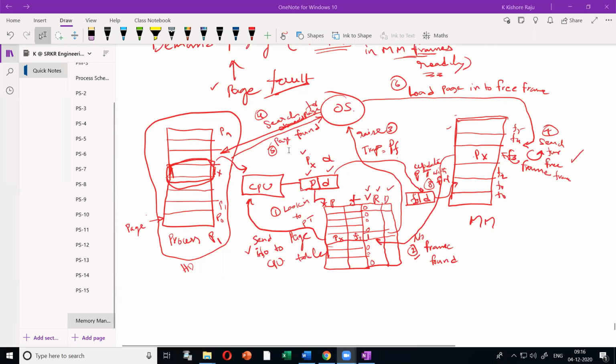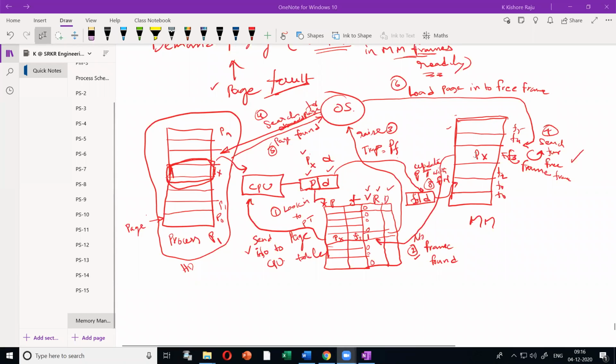Yes, page is available. Page found, fifth. Once the page is found, the operating system's duty is to load the page into a free frame of the main memory. That is the sixth step. To load the demanded page into a free frame, first you have to search for the free frame. Yes, a free frame is available because all the frames are free.